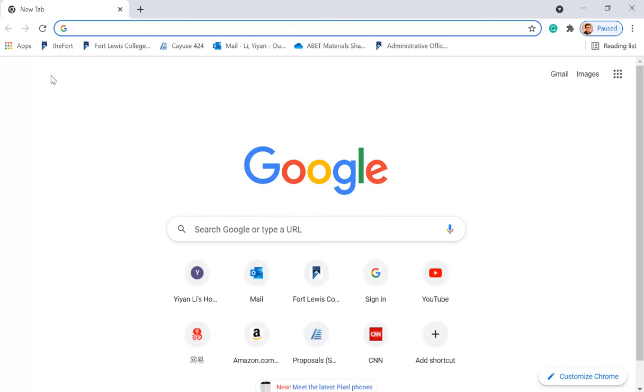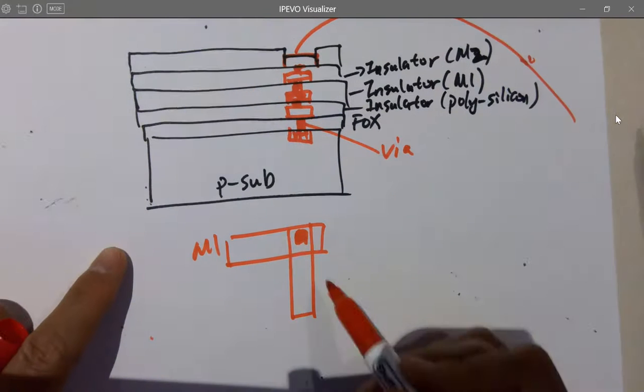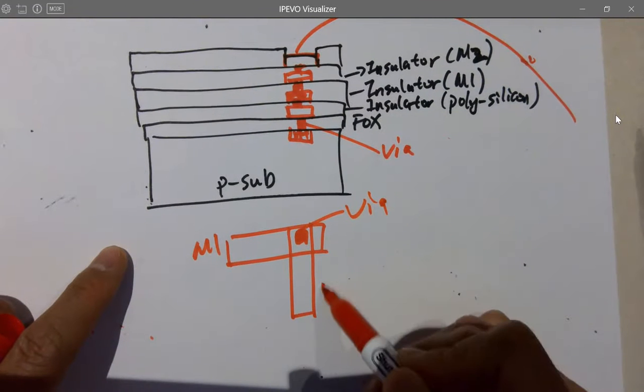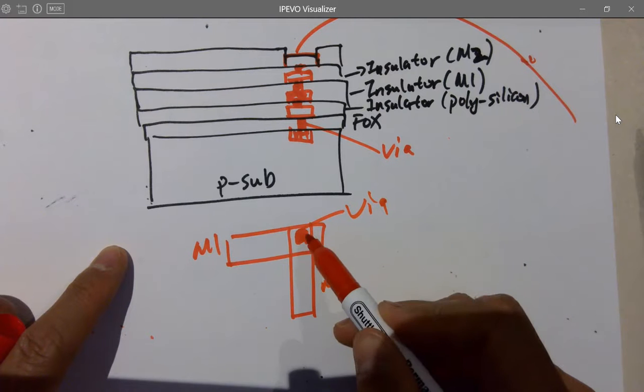Yeah. No, you are not. So the way you are doing that is metal 1, right? Have to get a via here, and you can use metal 2 to connect to metal 1.